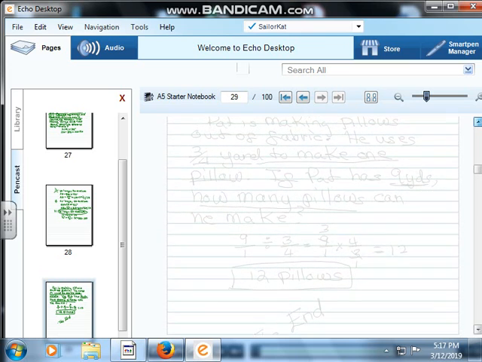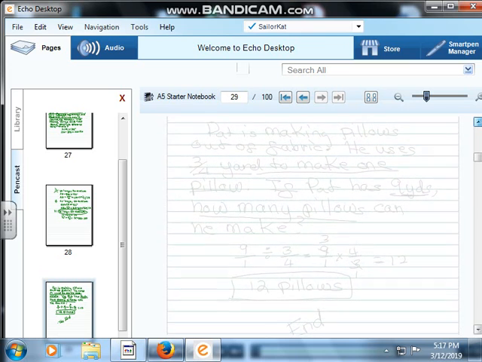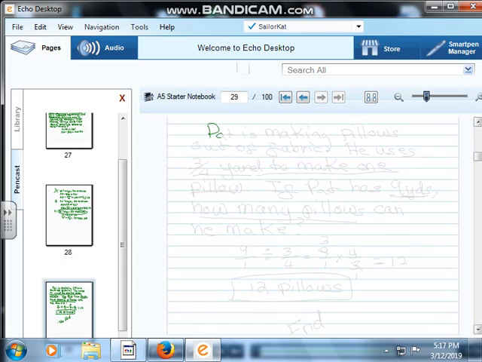We're going to do one more word problem. This one is about Pat. Pat is making pillows out of fabric.